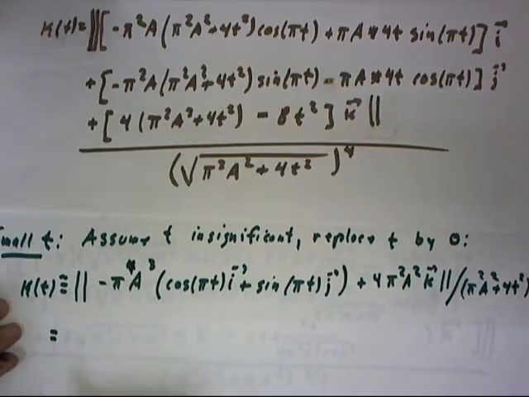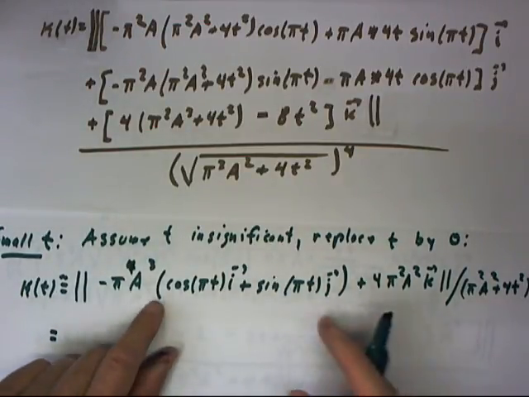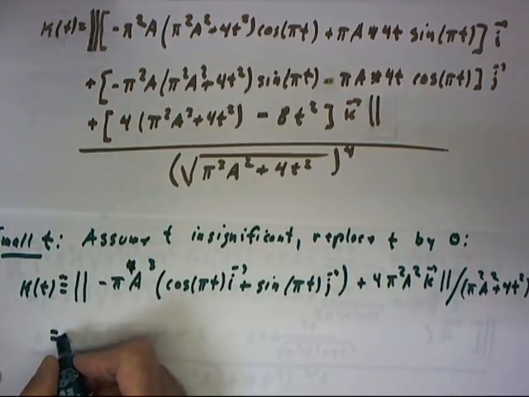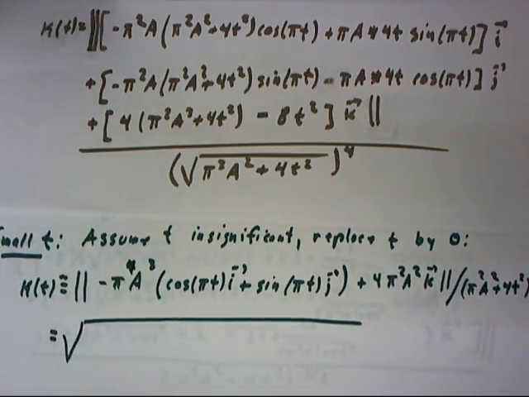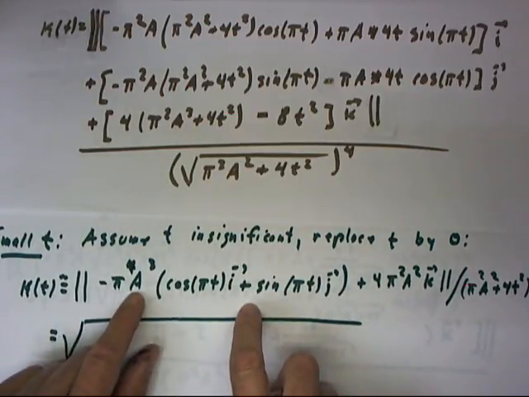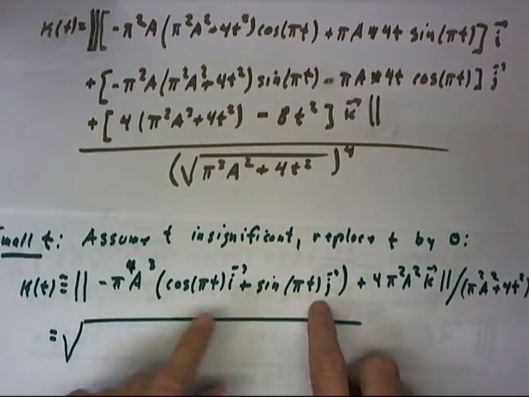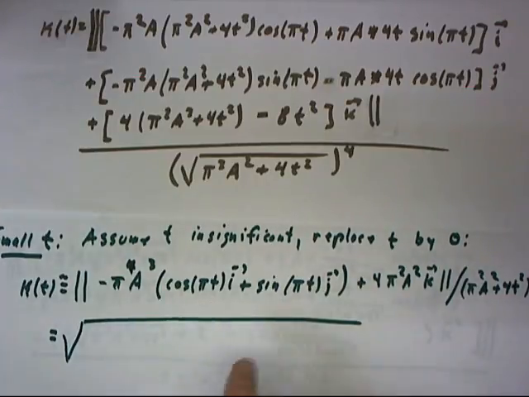Well, that's going to be the square root of the sum of the squares of the components. So on the i, we're going to have a pi to the 4th a cubed times the cosine of pi t. On the j, we're going to have a pi to the 4th a cubed times a sine, and that quantity is going to be squared.